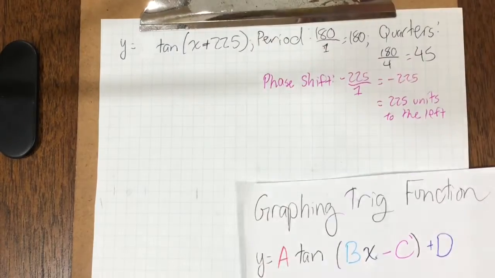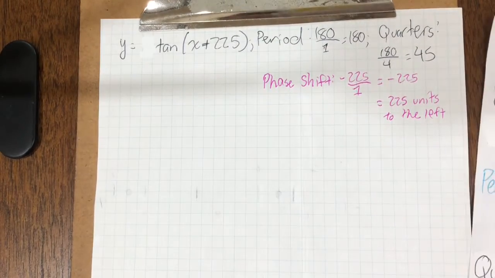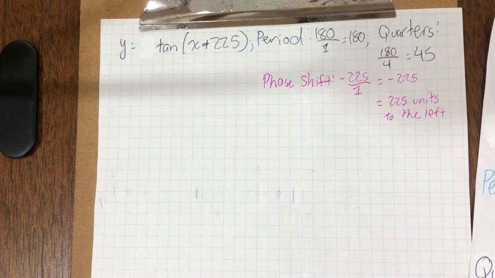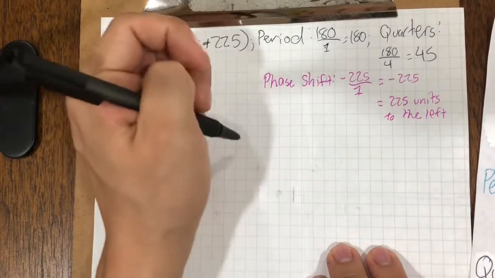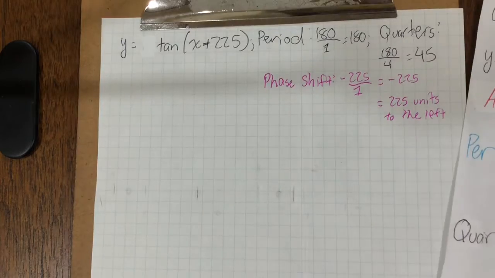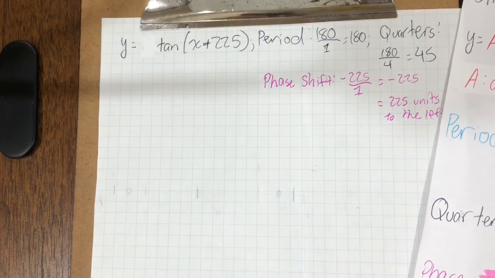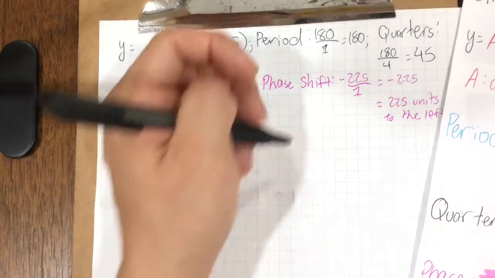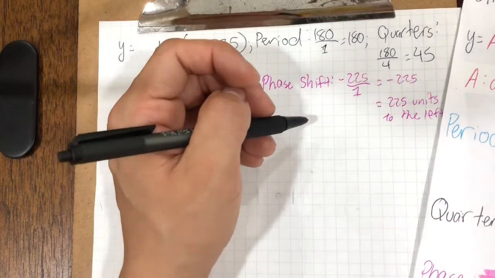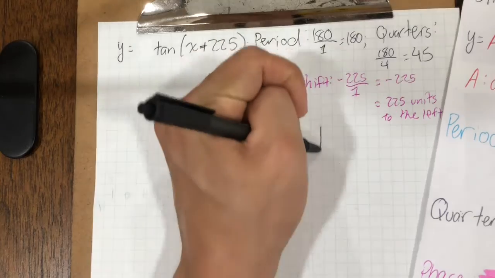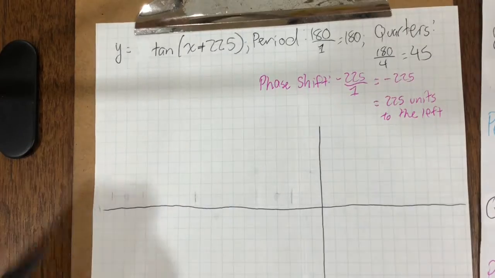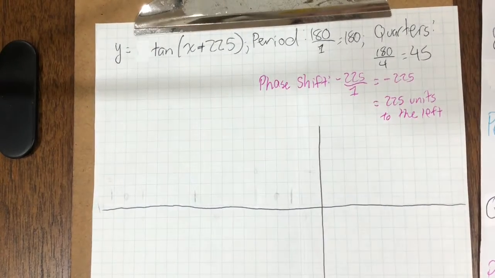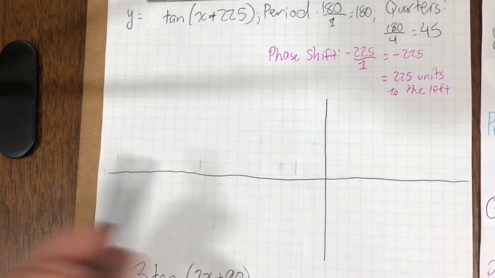So let's go ahead and graph my points. So if it's going to be shifted by that much to the left, it seems like the majority of the graph is going to be on the left side of the x-axis. So let's go ahead and make my graph. I'm going to move the y-axis further to the right, so that way I have more space on the left.